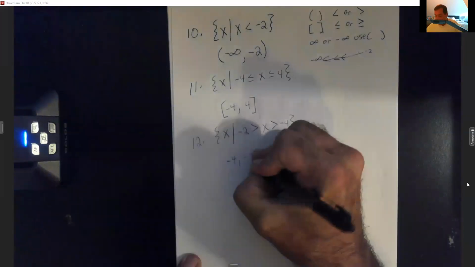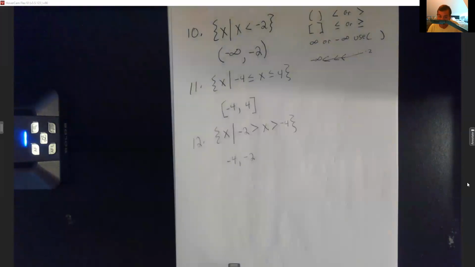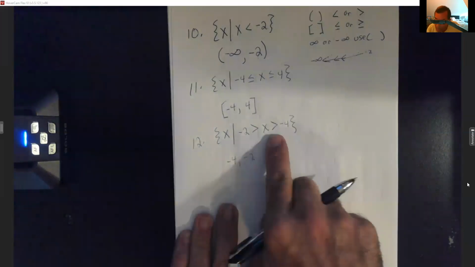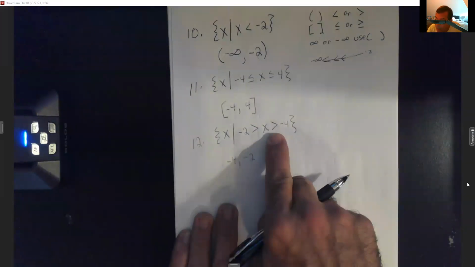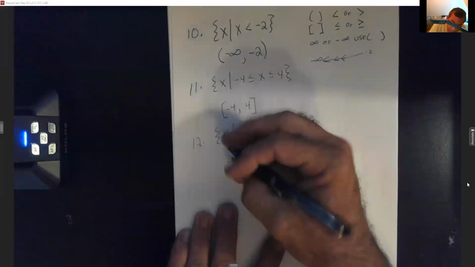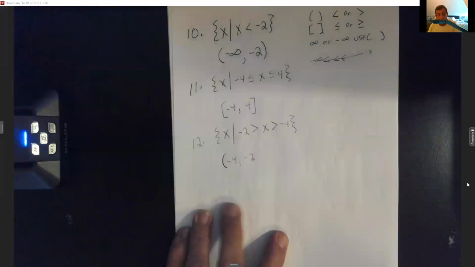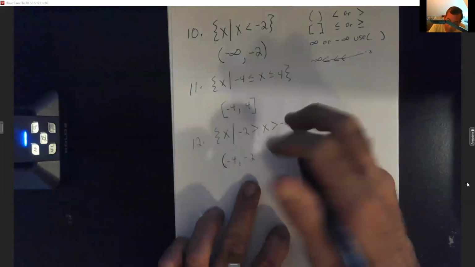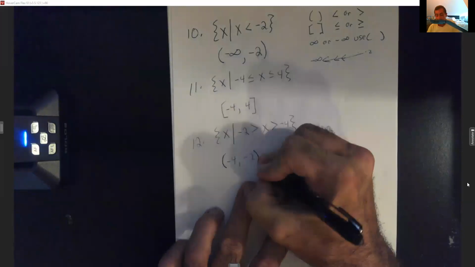So y'all, the main thing is these got to go in the right order when you put them into interval notation. Now, at the negative 4, it's got no equals under it. So at negative 4, it's going to be curvy. At the negative 2, it doesn't have an equals. So it's going to be curvy.